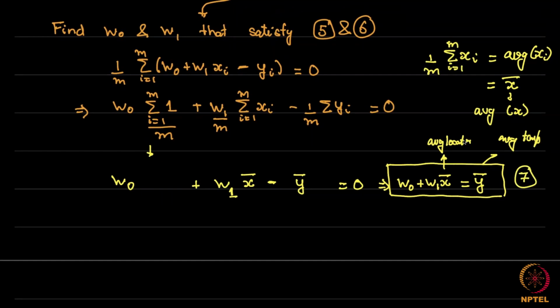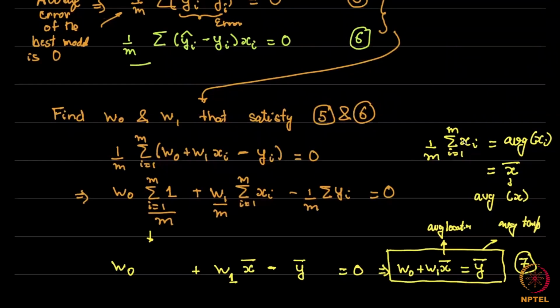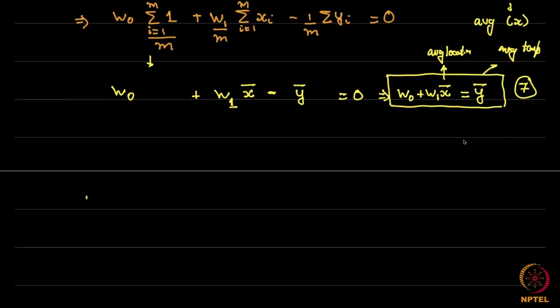Now let's simplify the next equation, which was equation 6. So equation 6 is here. I'm going to write that down. 1 over m sigma (y hat i minus yi) multiplied by xi equal to 0.